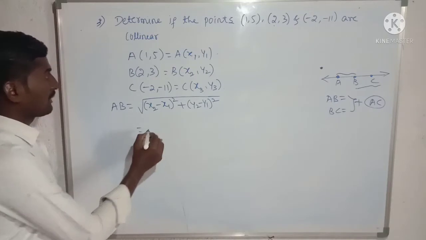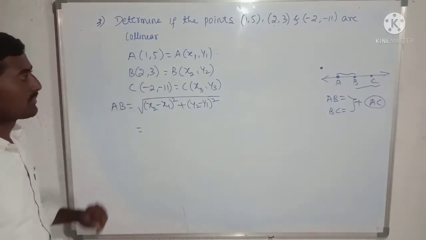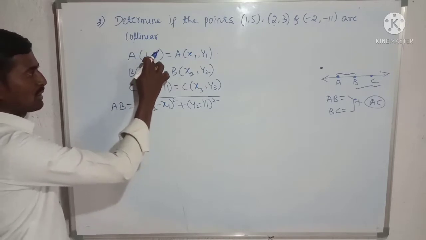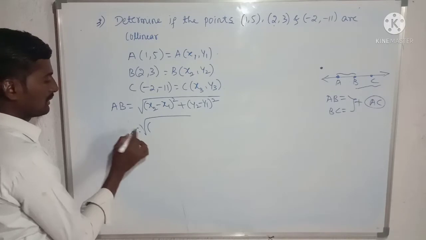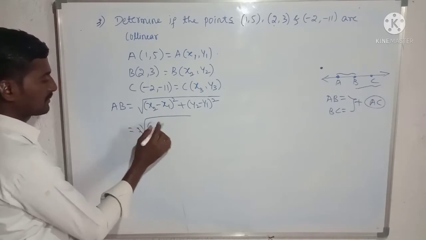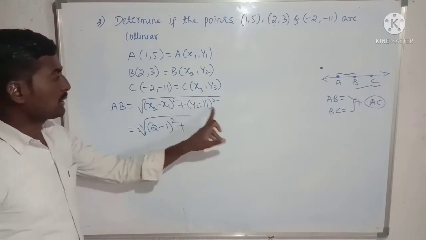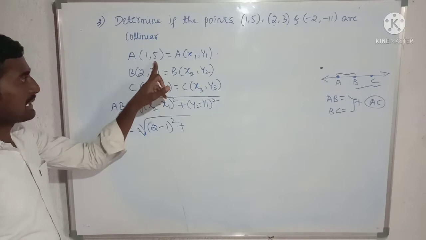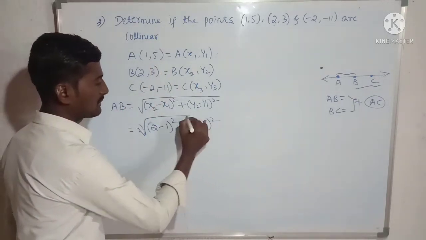The formula is the square root of x2 minus x1 whole square plus y2 minus y1 whole square. Now for A and B points, you have to see AB only. Don't bother about C. Now x2 minus x1 whole square means 2 minus 1 whole square plus y2 minus y1 whole square, it means 3 minus 5 whole square.